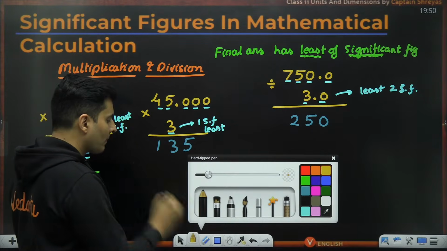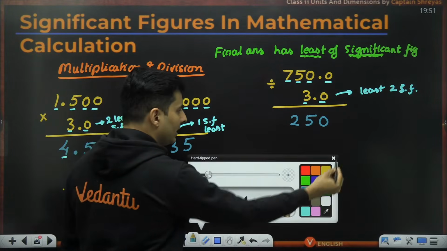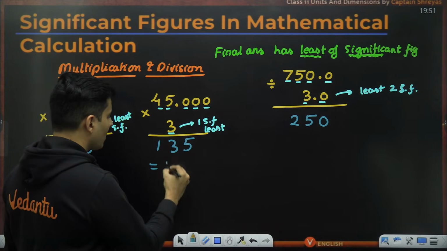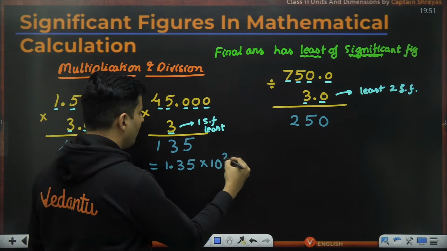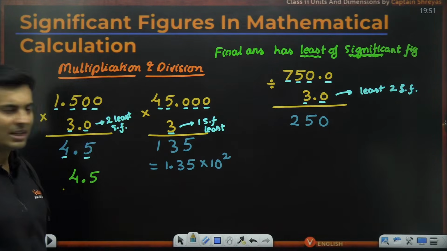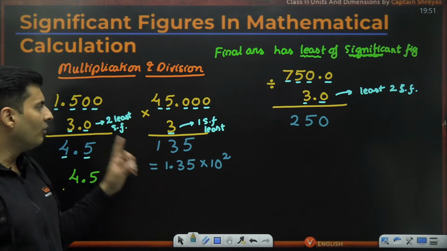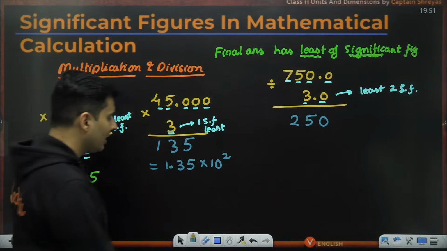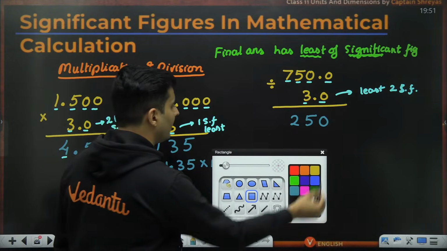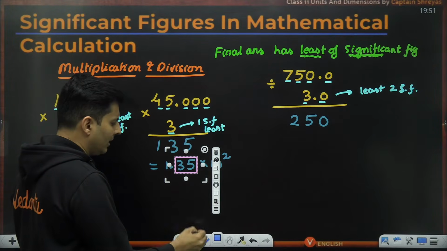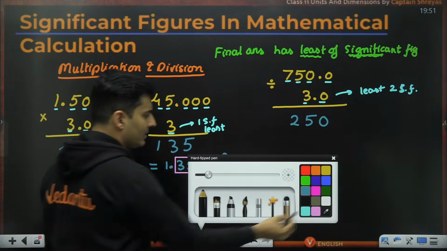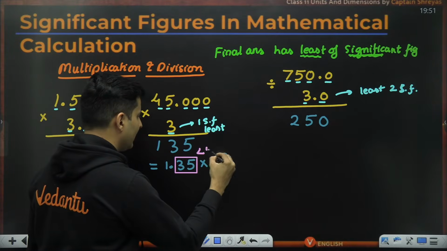So first of all, let me write it down like this: 1.35 multiplied by 10 to the power 2, before I get rid of some digits. I want only one significant figure, meaning I need to just get rid of the number 35. I don't need it. Powers of 10 are anyways not significant. And this number 35 is less than 50.